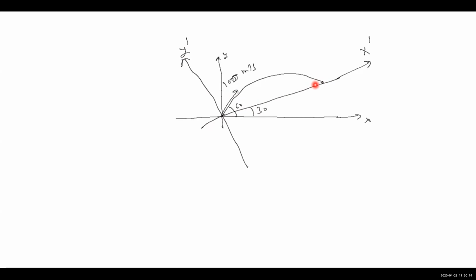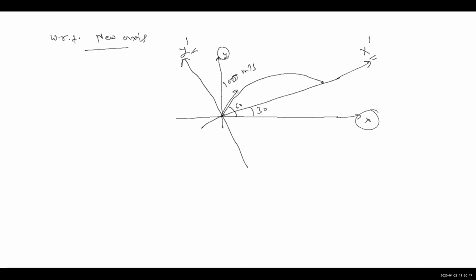Are you able to understand? Yes, sir. But the problem is that ux, uy, ax, ay we have defined along the old axes, isn't it? If we are changing the axis, we have to redefine ux, uy, ax, ay with respect to the new axis.